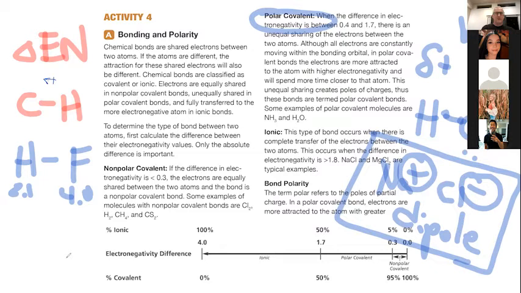What's the difference in electronegativity? Four point oh and 2.1. What's the difference?